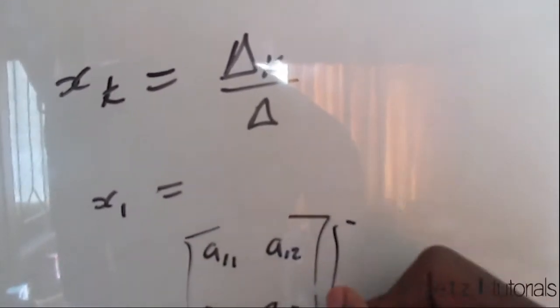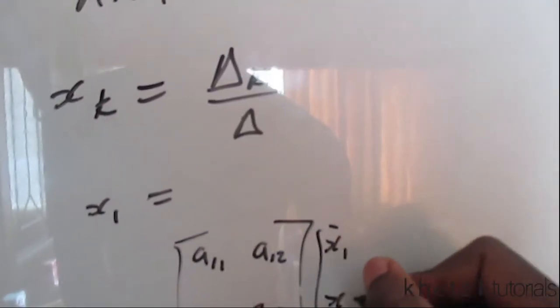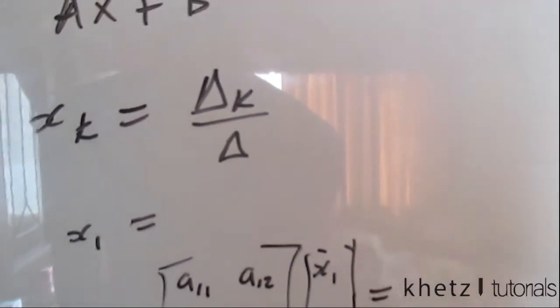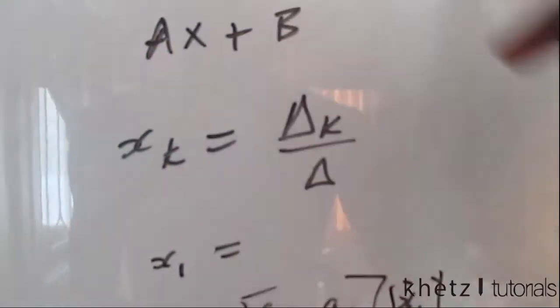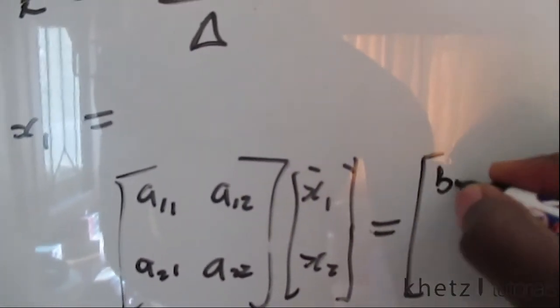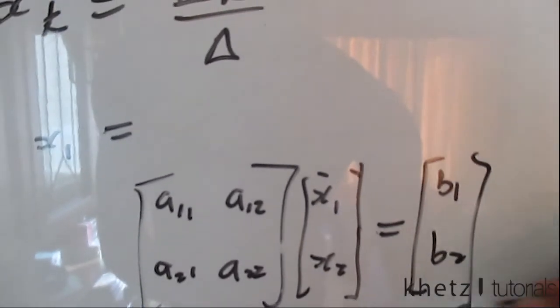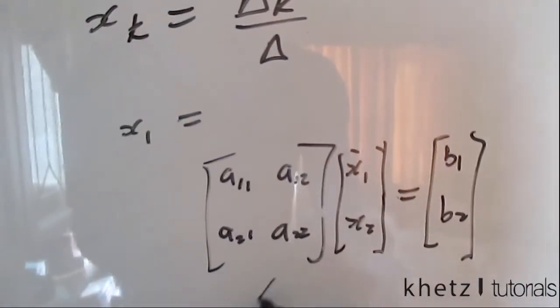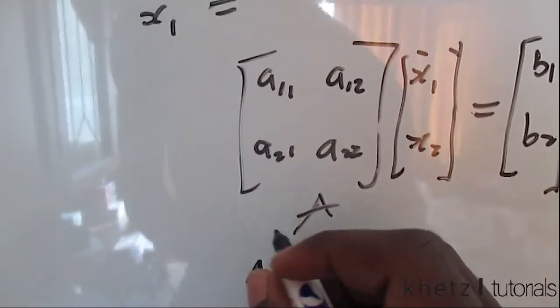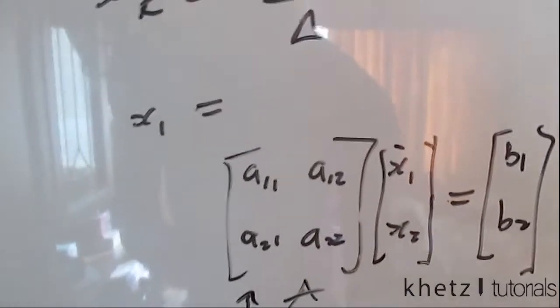Right, and I have an x column there. So basically, now the form would be Ax equals b, and so b would be on this side, right? So this is the A matrix.